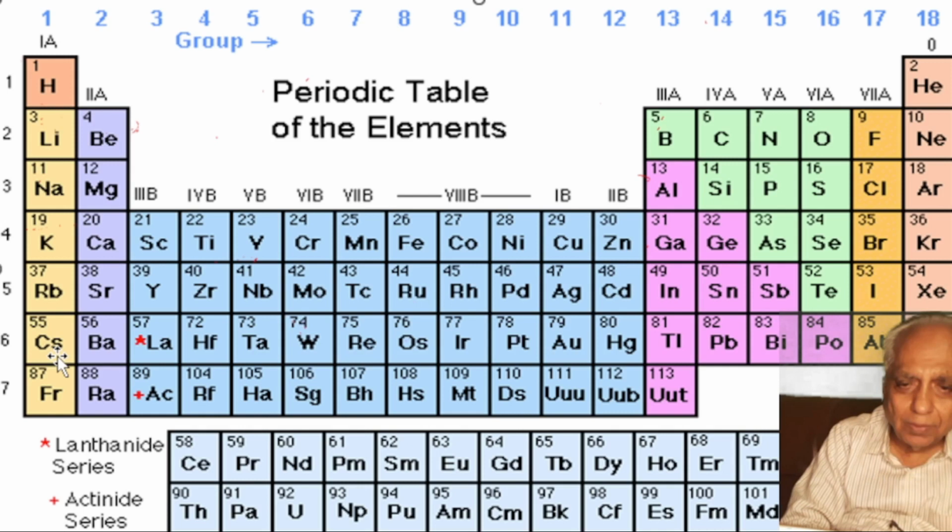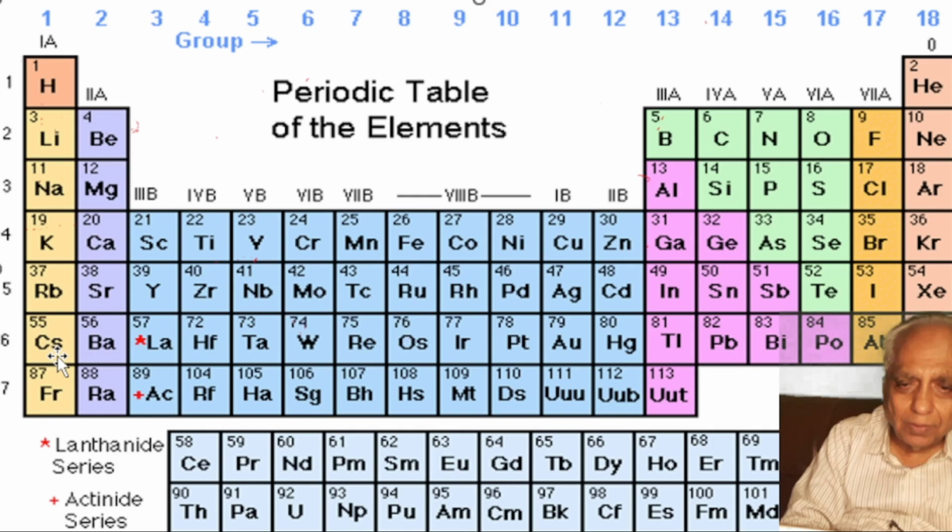But if we take the case of halogens, fluorine is a highly reactive non-metal. Chlorine, as we have studied, is a highly reactive non-metal. Bromine is less reactive, iodine is very much less, and astatine is much less. So in the case of non-metals, reactivity decreases down the group, but metallic properties increase down the group. Is it all right?